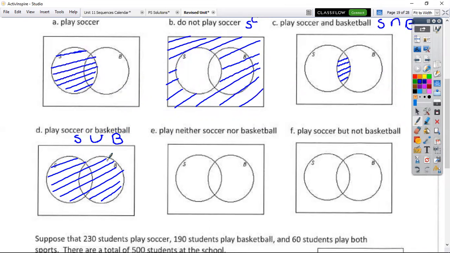How about playing soccer, not soccer or basketball? Good, just the outsides. So again, it's the complement. Soccer, but not basketball.